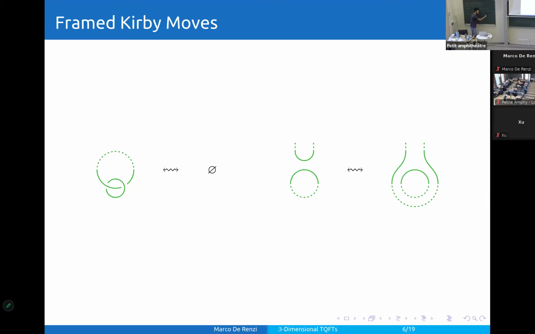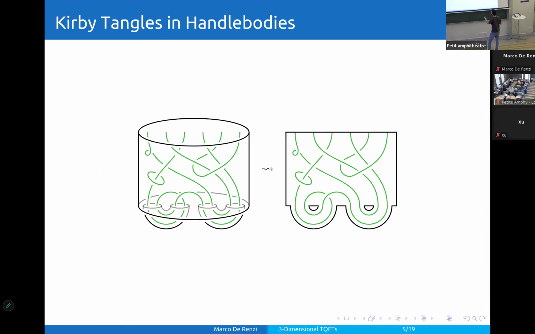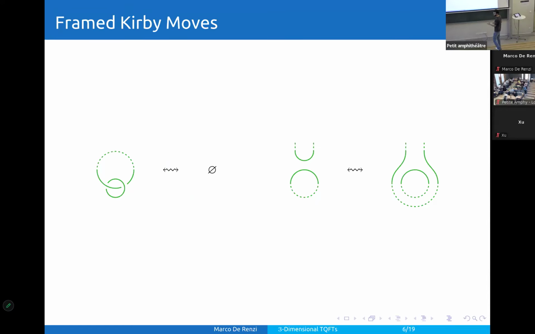Okay, so this is the operation of sliding the top over this one. Okay, and if you consider the pictures I've shown before, up to these two operations, all the possible pictures like the one I've shown before, you get a category which is equivalent to the category of Crane-Yetter.